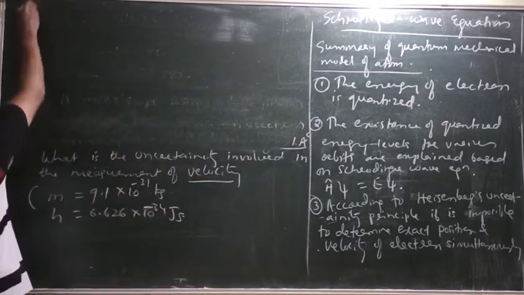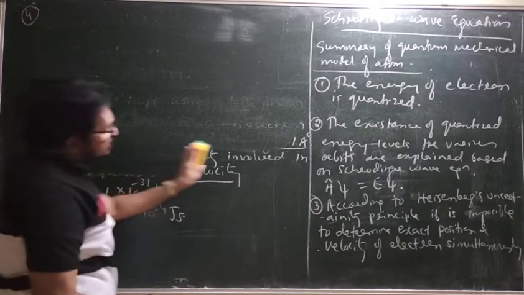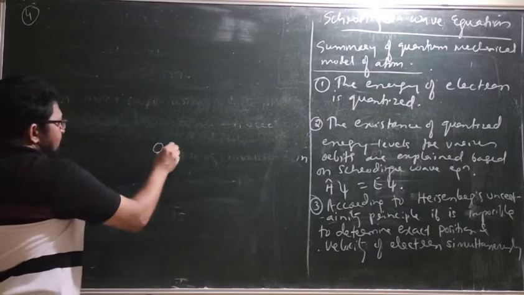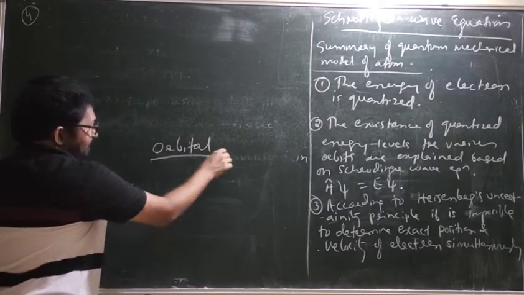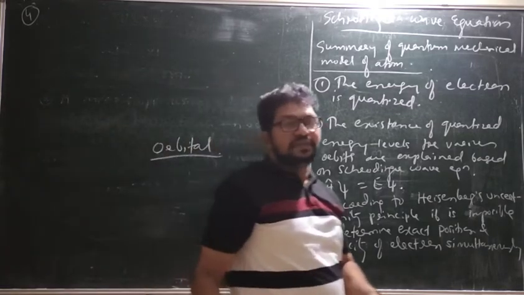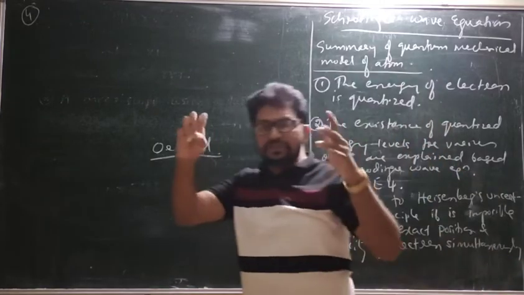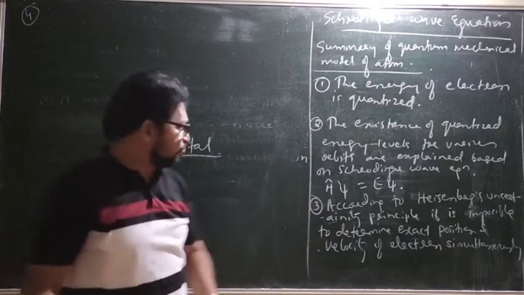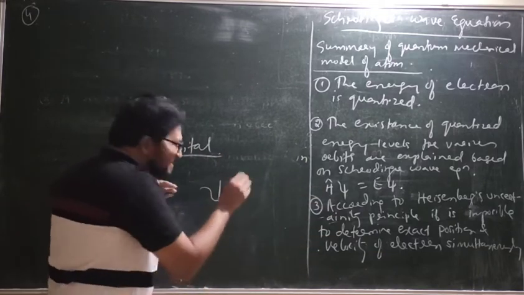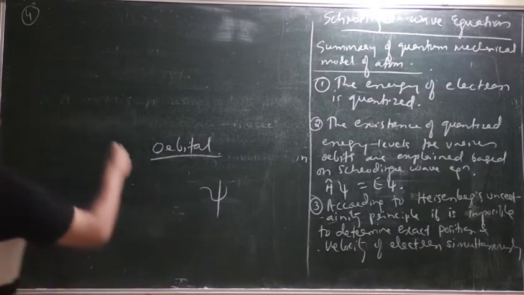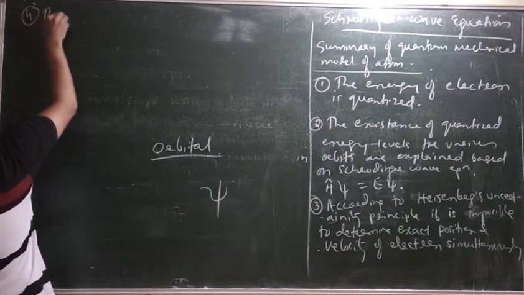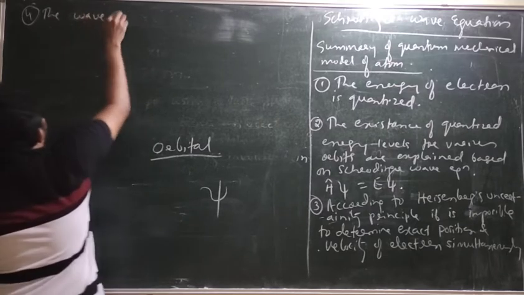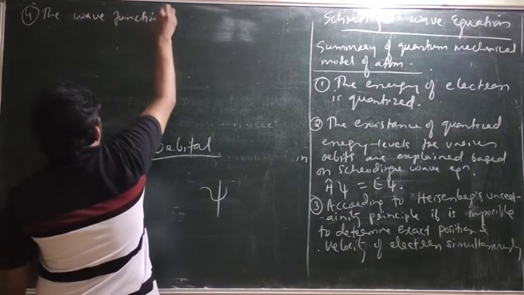So one more point I will take, the wave nature of the electron, that means orbital. Now I am going to discuss a word called orbital. In detail I will tell you under a separate heading. See, when you take the electron wave nature, there is a symbol used to denote this wave, psi. Look here. The wave function psi.